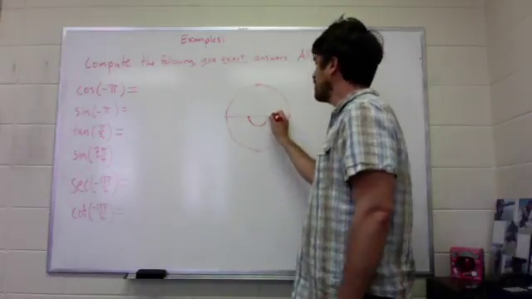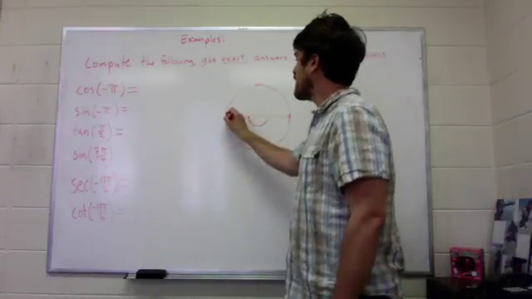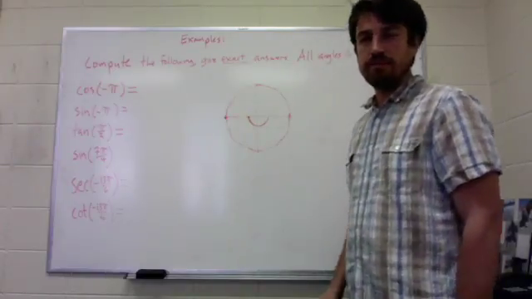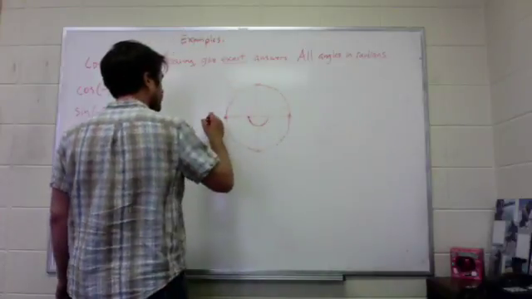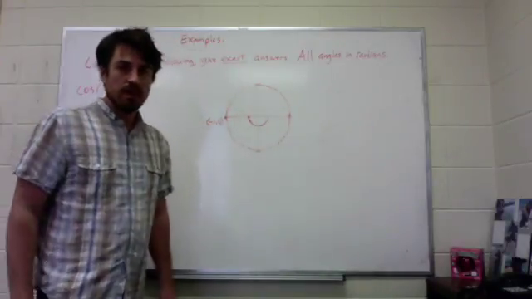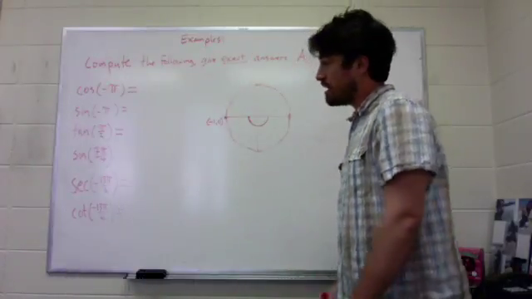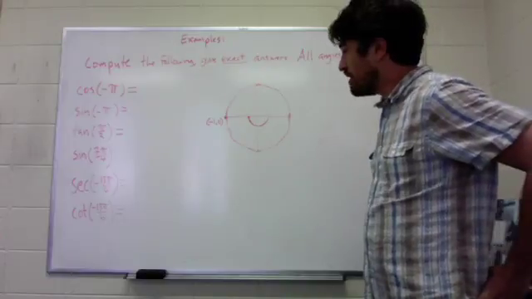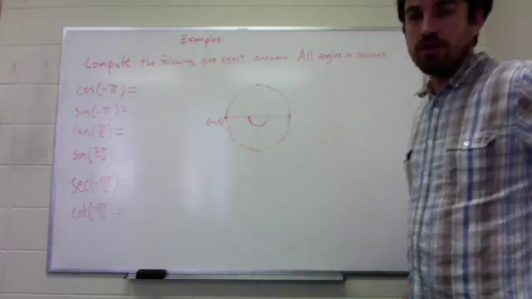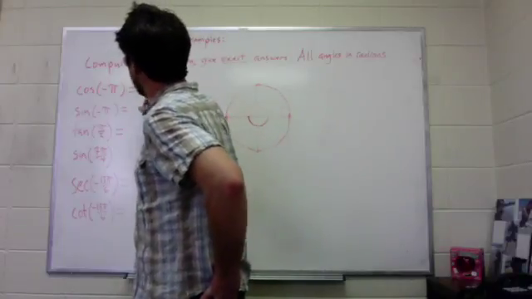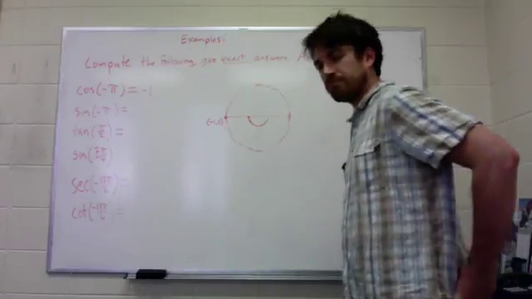If you do so, you end up on this side of the y-axis, and the point on the unit circle that you're at is right there. Now the coordinates of this point on the unit circle are -1 and 0. By our new definition of the cosine function as simply the x-coordinate of the point on the unit circle, the cosine of this angle is equal to -1.